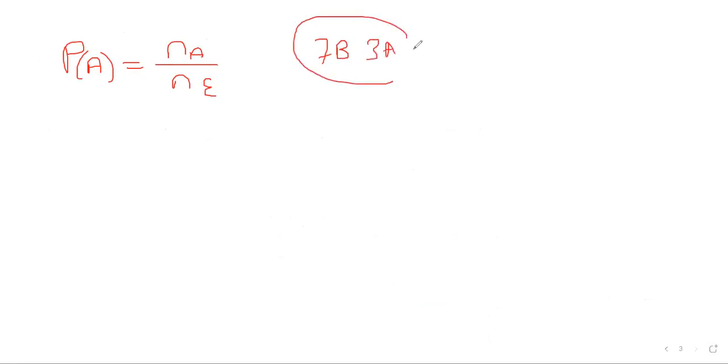This afternoon, we discussed basic principles in probability. Number one, the probability of an event A happening is simply the total number of A events over the total number of events. For instance, if you have a basket which has 7 bananas and 3 apples, what's the probability of picking an apple?